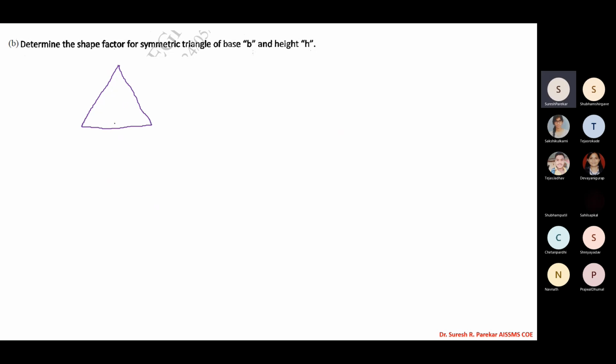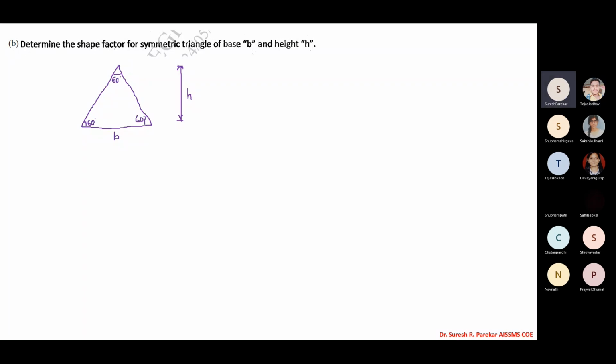What is meant by symmetric? Yes. All sides are of equal length. Yes, that is equilateral triangle. All angles are same, 60 degrees.